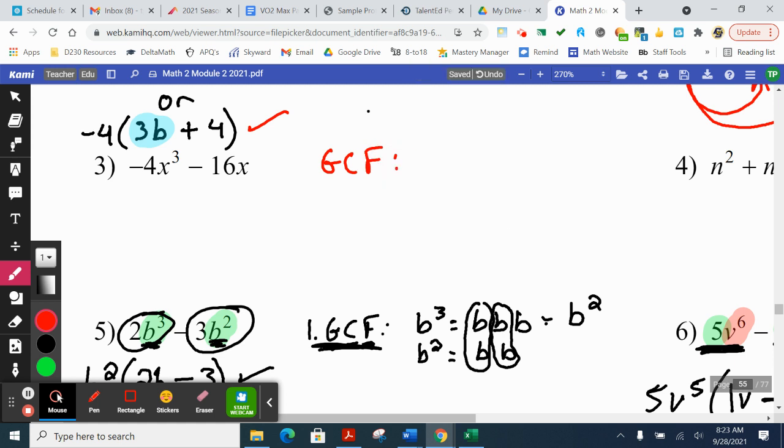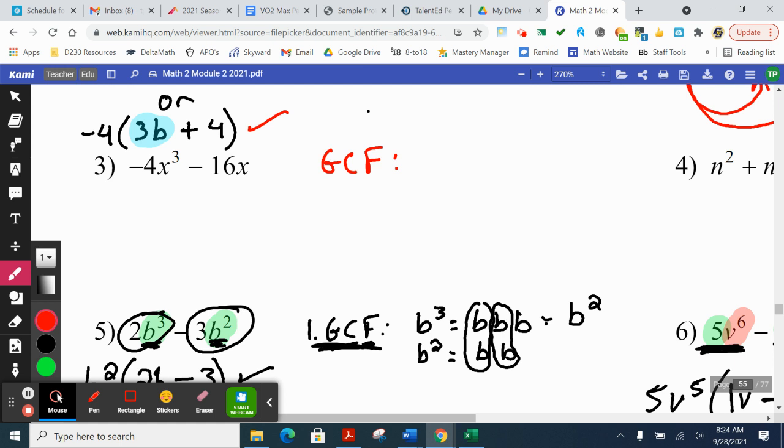Then you can check real quick, can you distribute your answer? And when you take your answer and distribute, will it give you the original problem? And if it does, there's a reasonable chance it's correct. Okay, as long as you pull out the biggest factors. Okay, can anybody do that legitimately? And then give me what that GCF would have been then, if you did that correctly.